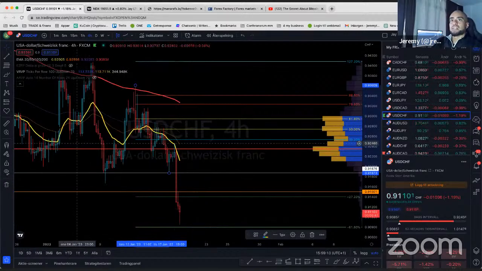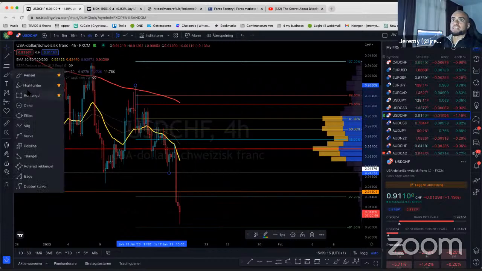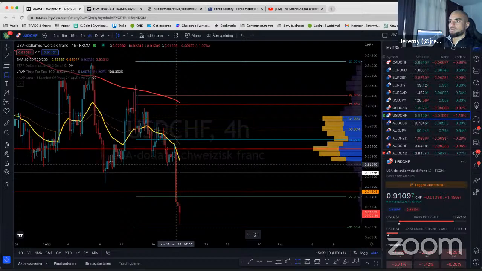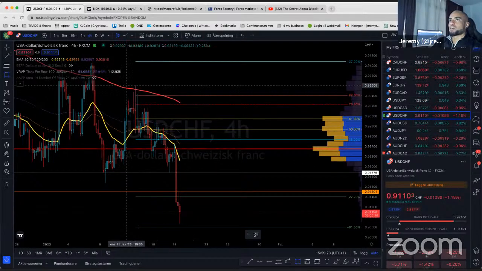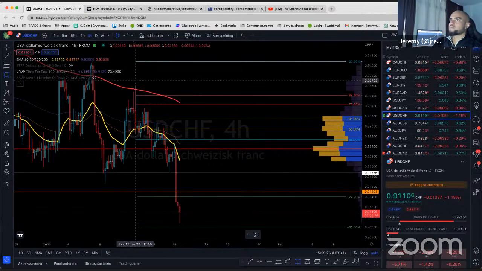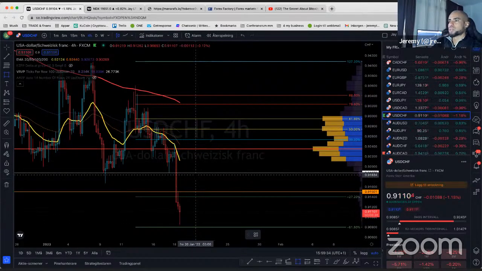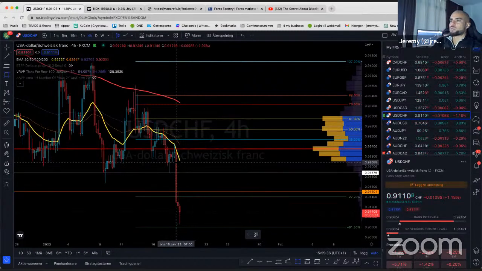Why can it reverse? The thing is like this. What you got to look at here is we got this bearish candle shooting straight down. When you see candles like this, especially on a 4-hourly or daily time frame, you know there's a lot of liquidity stuck here. So the market will want to pull back up to clear some of that liquidity.